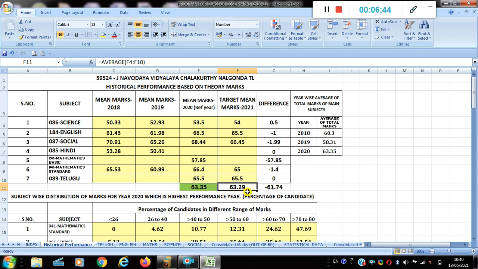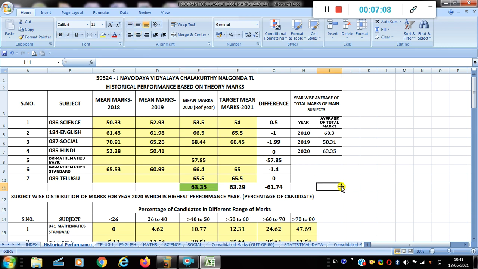So if I manage the target mean marks for different subjects like this, then the total school average will also come around 63.25. It is just around 63.3, whereas I should not cross 63.35, which is the last year's reference marks.